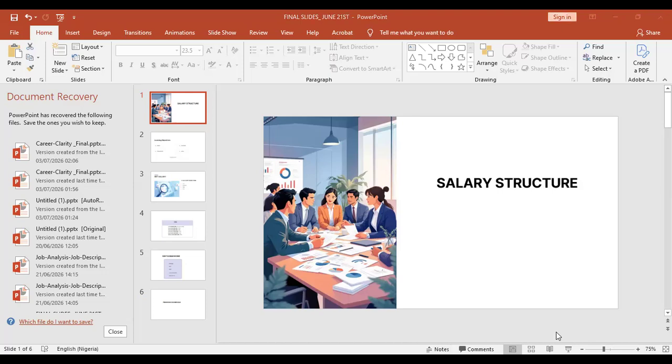What's gross salary? Gross salary is the total amount paid to a staff without any deductions made from it. Justina, what's net salary? The net is after deduction.